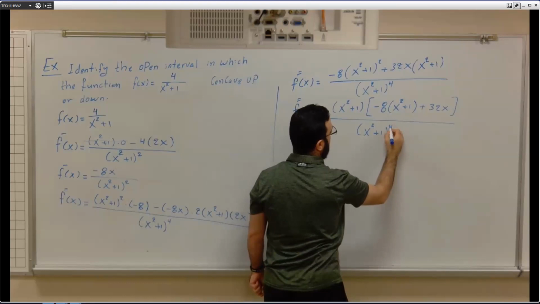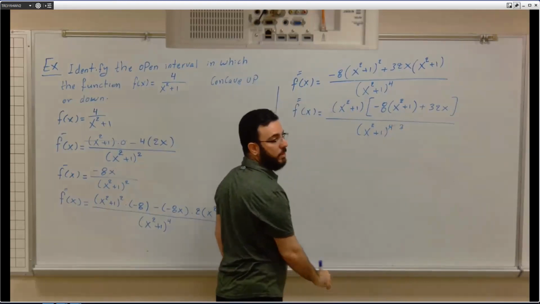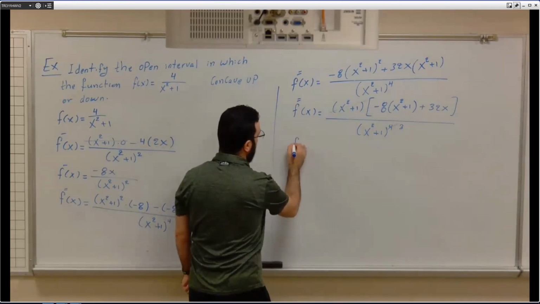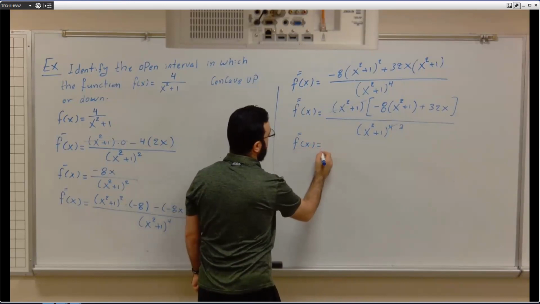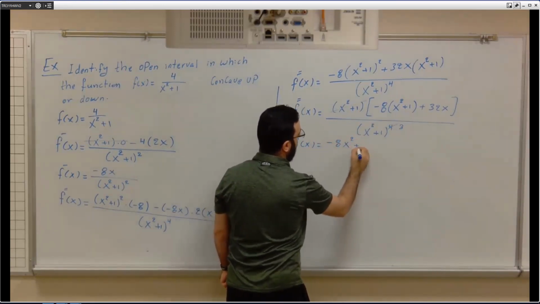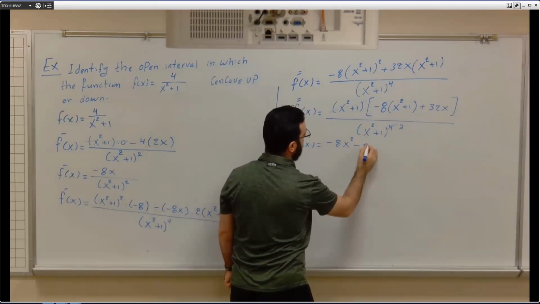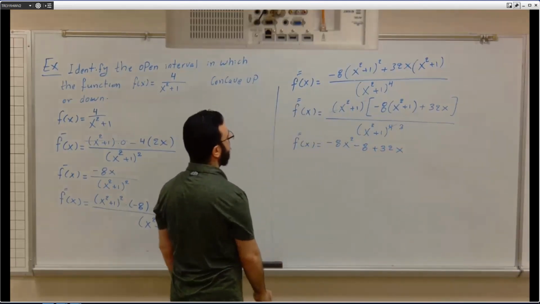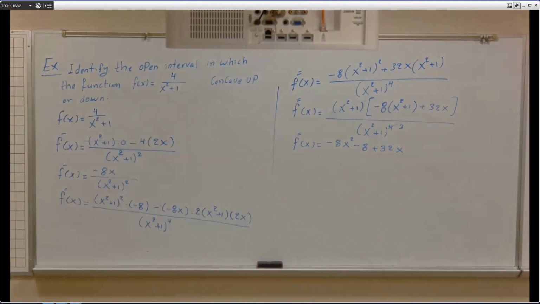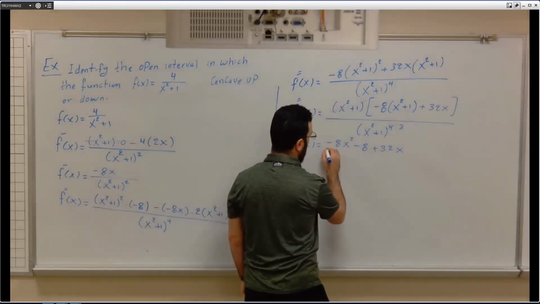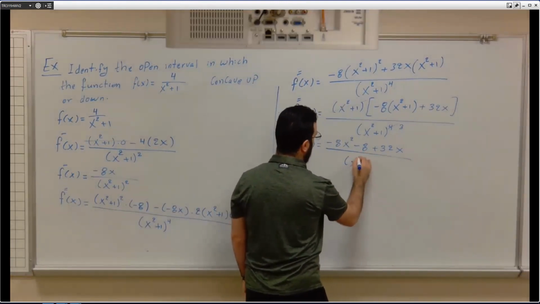Cancel these. Okay, we have a cube. If we do the 8, so f double prime of x is going to be equal to -8 x squared minus 8 plus 2x over x squared plus 1.